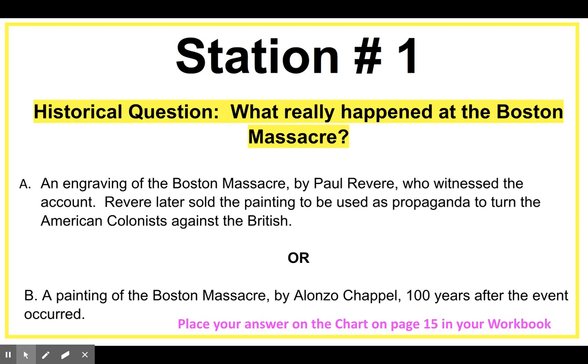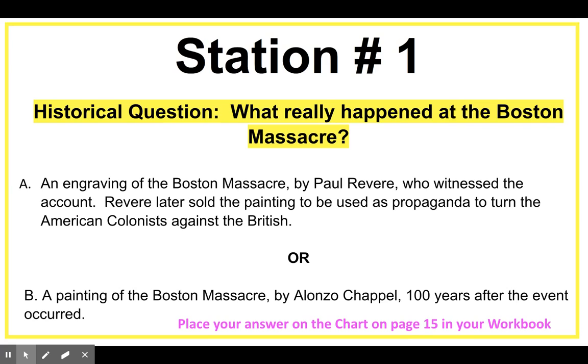The historical question is, what really happened at the Boston Massacre? We want to know what happened, okay? Which would be better? Would it be better to look at an engraving of the Boston Massacre made by Paul Revere, who actually did not witness the event, but it says here that he did. Revere later sold his engraving to be used as propaganda.